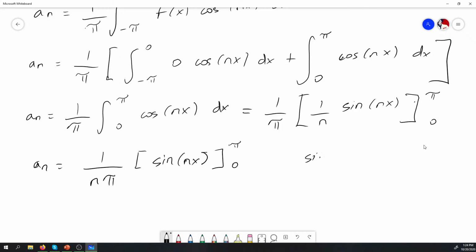If it's sine n pi, that's going to be 0 for all values of n. And when we substitute in 0, it's just sine of 0, which is 0. So a of n would just end up resolving to 0.